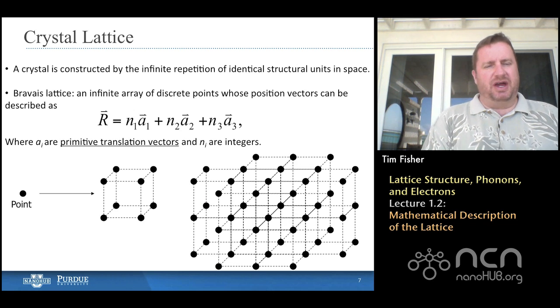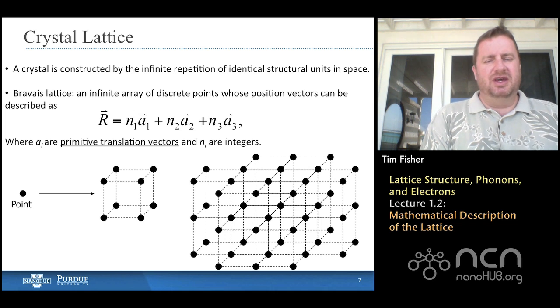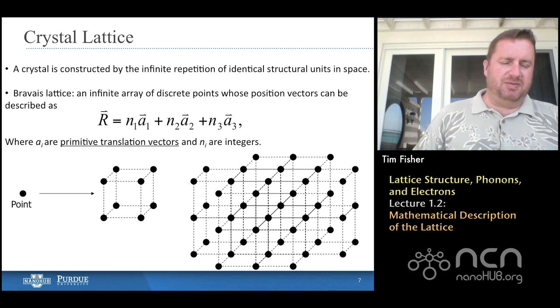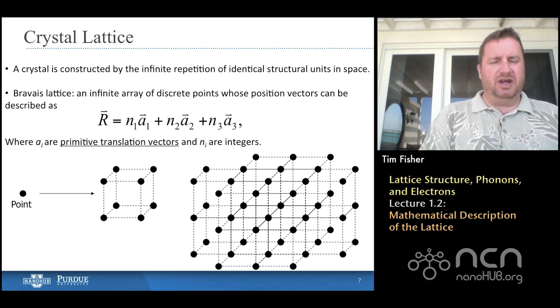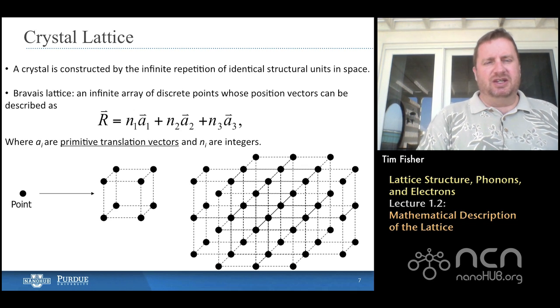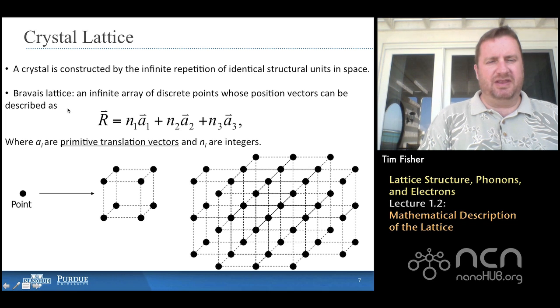So this crystal lattice, let's get back to this. We can construct a crystal by essentially mapping a bunch of points in a systematic way throughout whatever dimensionality of space we're interested in. When one does that, it's called a Bravais lattice, and that is an infinite array of points whose positions are described by this systematic repeating of locating the points in space through this combination of vectors, that's a1, a2, and a3, and an integer prefactor on those.